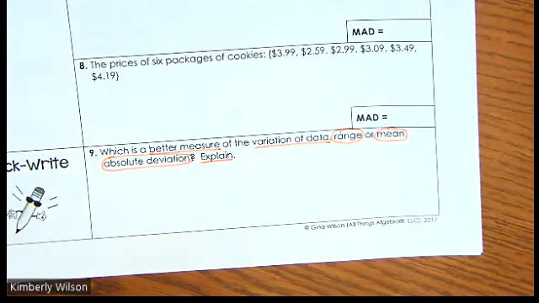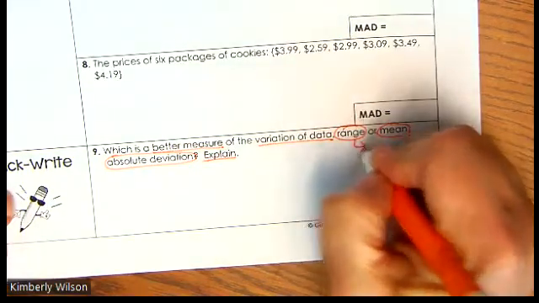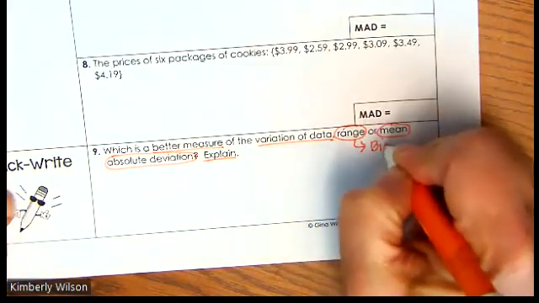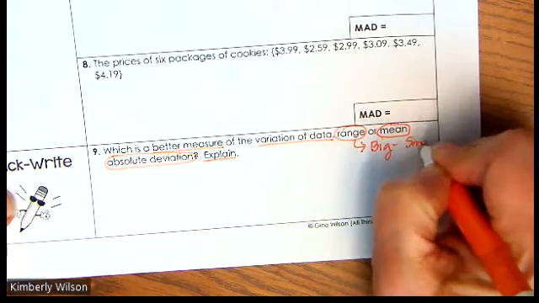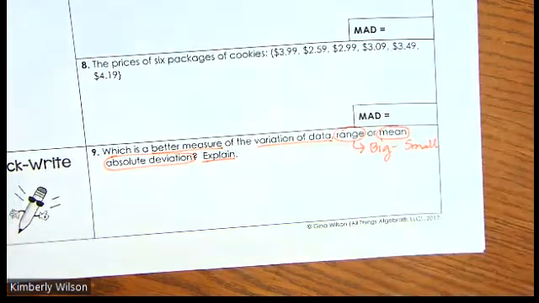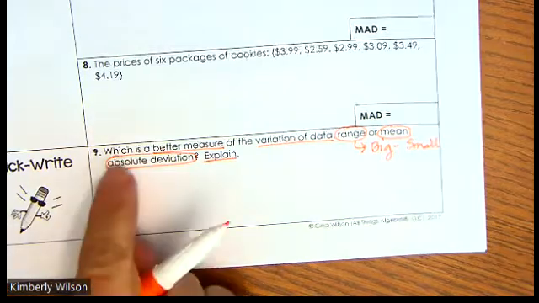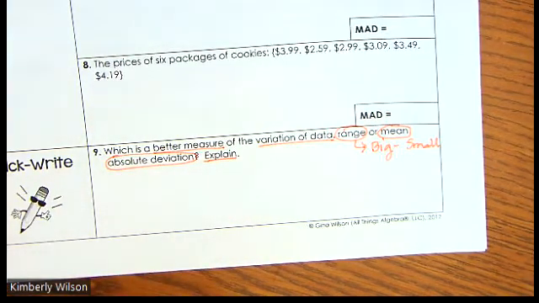Okay, well, range, remember range, that's just the big minus the small, correct? So that just gives me the spread all the way. It's just the big minus the small. So therefore, the better measure is actually the MAD because it takes into consideration all data points.